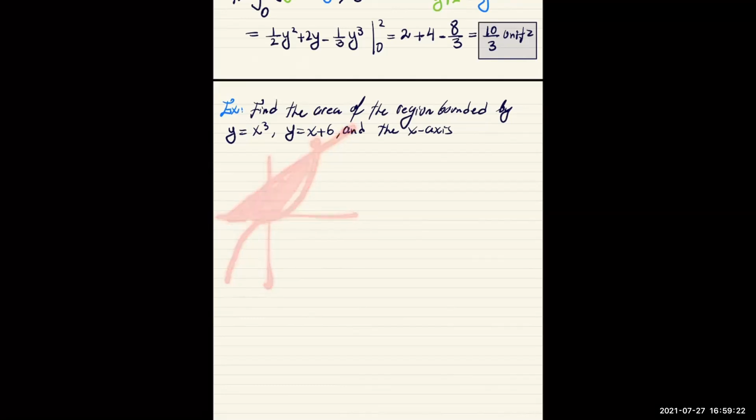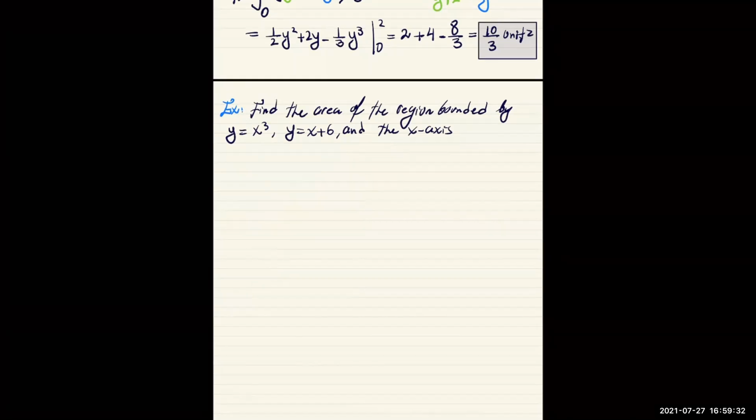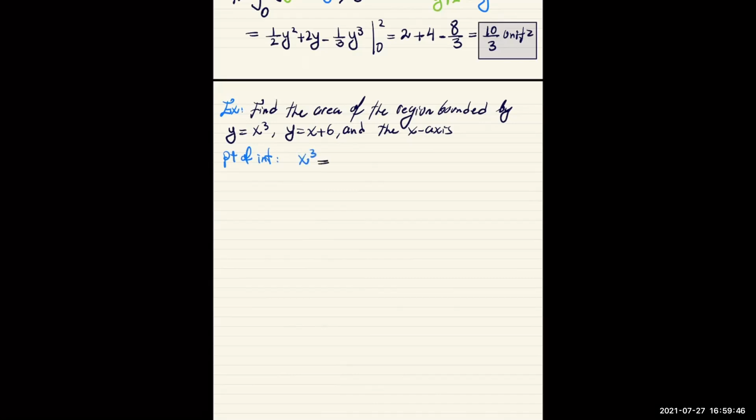Okay, so x cubed and the line x plus 6, they have a point of intersection. Let's actually find that point. Set the two functions equal. We have x cubed equal to x plus 6. Okay, so again, guys, don't consume time solving these equations.